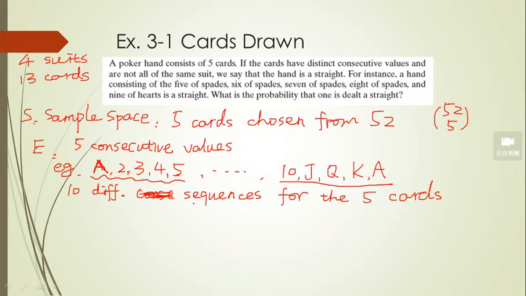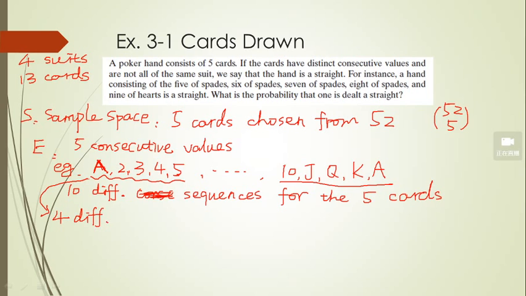So in this way, you might have all those like Ace, 2, 3, 4, 5 in the same suit. How many in the same suit? For example, for the first one, you are going to have 4 different suits, right?